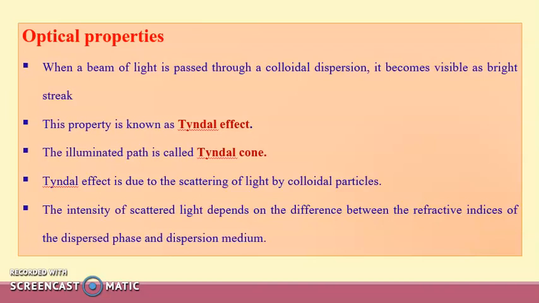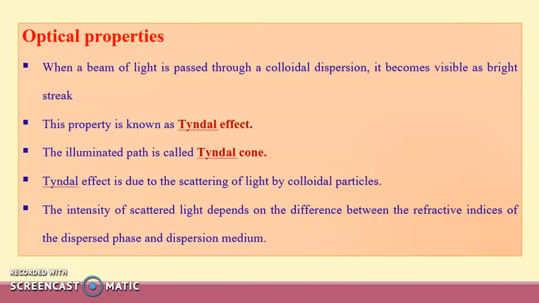Because in a true solution, the size of the particle is very small, less than 1 nanometer. So when the light passes through a true solution, these smaller particles are not capable of scattering the light. Hence, the path is not visible.